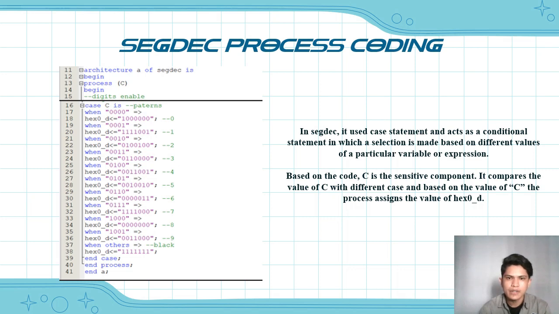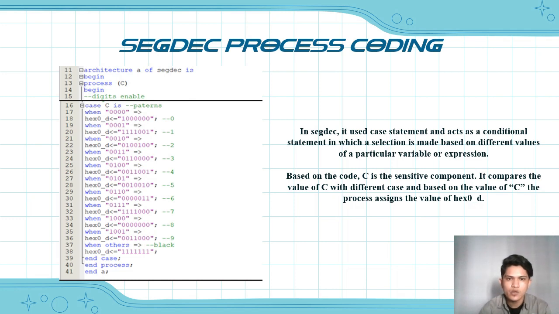Inside that process coding, it uses a case statement, which acts as a conditional statement in which a selection is made based on different values of a particular variable or expression. Based on the code, C is the sensitive component. It compares the value of C with different cases, and based on the value of C, the process assigns the value to HEX0D.